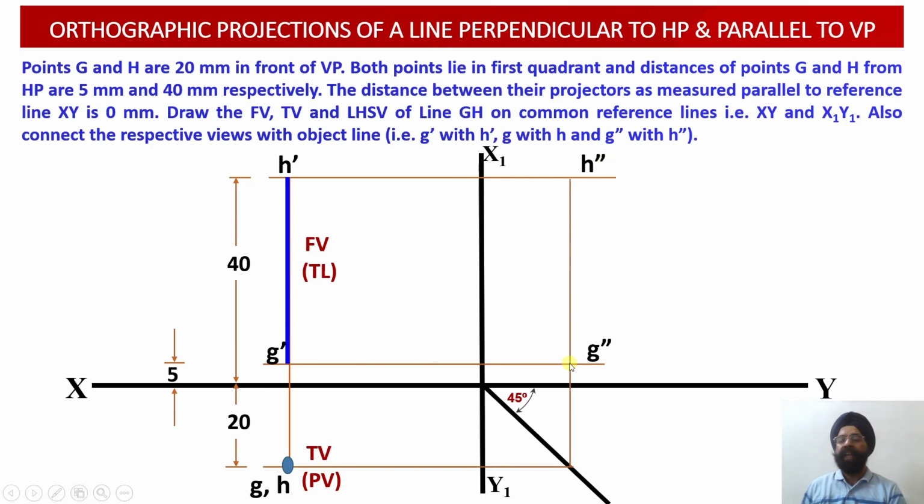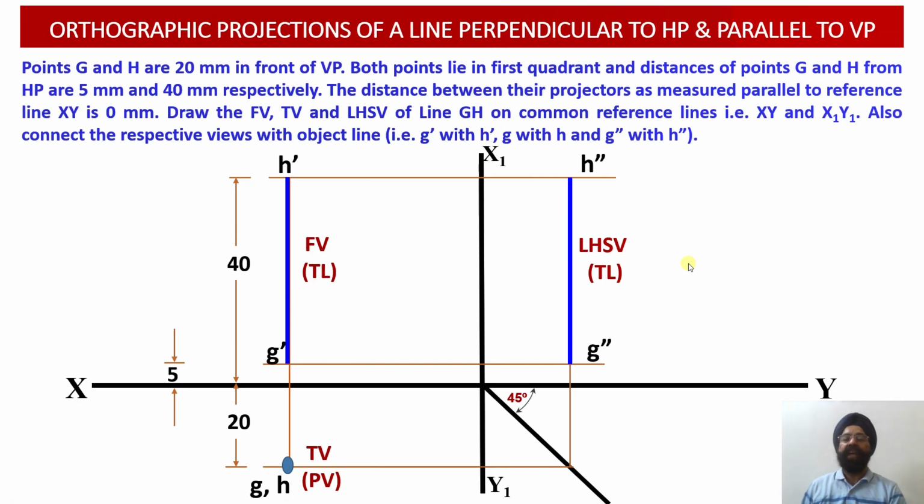So having obtained points G double dash and H double dash in the profile view projections, we can join G double dash with H double dash over here. And now we will find that this left hand side view projection of the line GH, which is represented as G double dash H double dash, gives the true length of the line in the left hand side view, since this line happens to be parallel to the profile plane as well as the vertical plane.